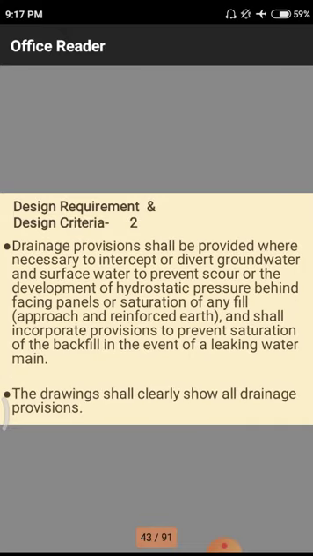Next, design criteria 2. Drainage provisions shall be provided where necessary to intercept and divert groundwater and surface water to prevent scour or development of hydrostatic pressure behind the facing elements. Why? Because in the first and second chapters we have observed some densification measures and dewatering methods.